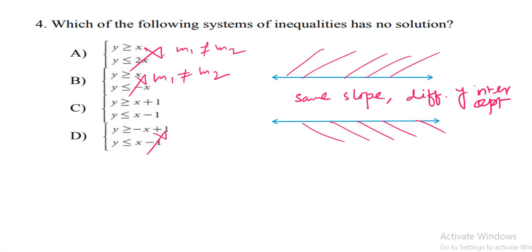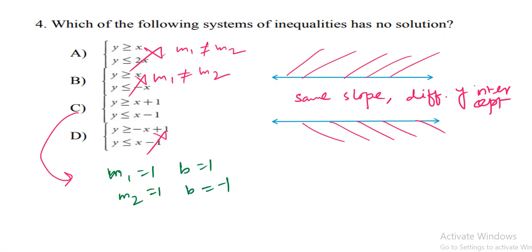And in option C, m1 equals 1, m2 equals also 1, sorry, m2 equals also 1, and b equals 1 and this b equals minus 1.